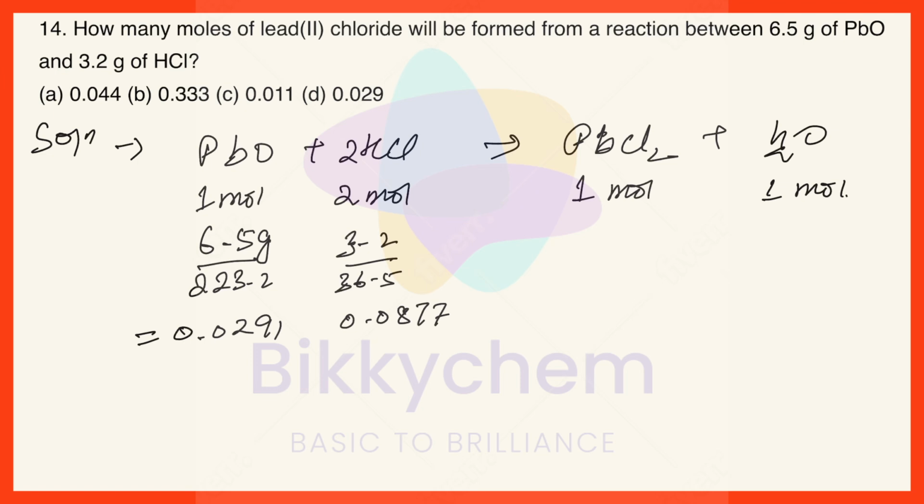Okay, so the moles will be, since you know that PbO is the limiting reagent, the product depends on the PbO, so that's why the product will also be 0.021. Okay, so option D is the right one.